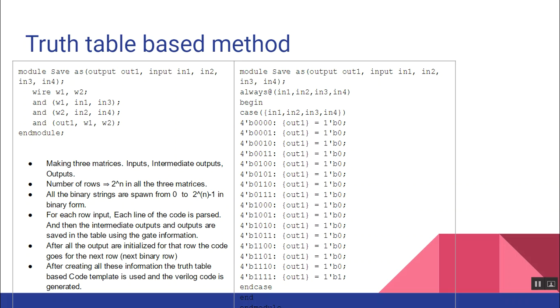All the binary strings are spawned from 0 to 2 raised to n minus 1 in binary form. For each input, each line of code is parsed, and then the intermediate outputs and the outputs are saved in the table. After all the outputs are initialized for that row, the code goes to the next row, that is the next input. After creating all this information, the truth table based code template is used and the Verilog code is generated.